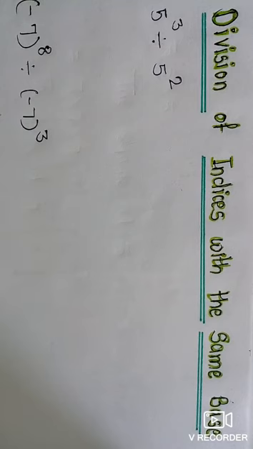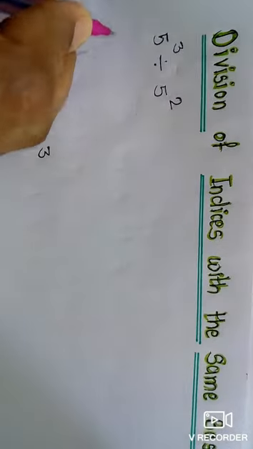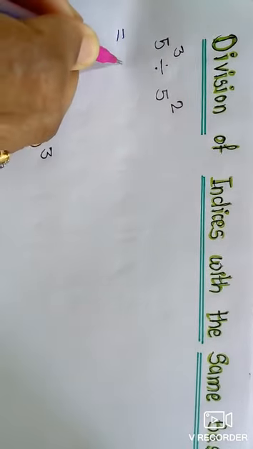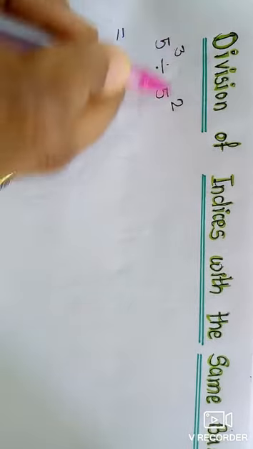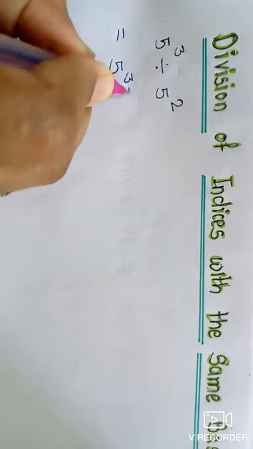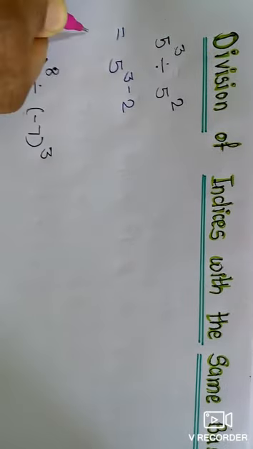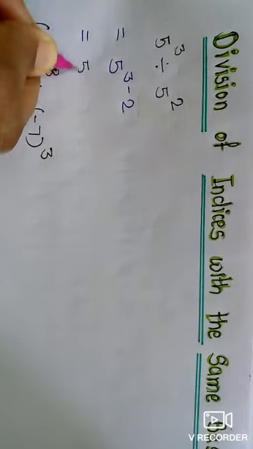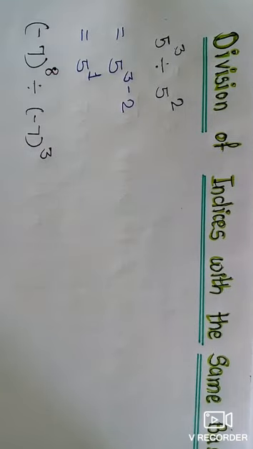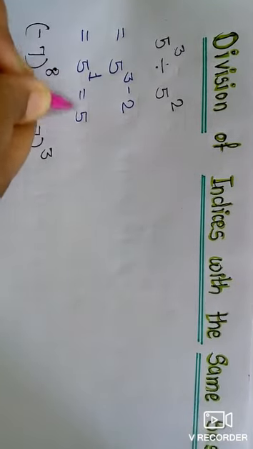Simple. So here is an example: 5 raised to 3 divided by 5 raised to 2. As I told you, the base is the same and we will subtract the indices, 3 minus 2. So what will be the answer? 5 raised to 3 minus 2 is 5 raised to 1, and we can write it as 5 also.